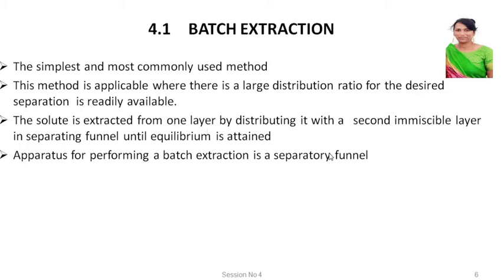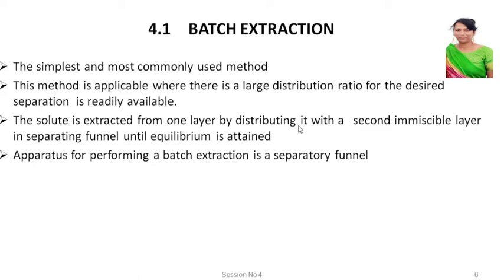The solute is extracted from one layer by distributing it with a second immiscible layer in a separating funnel until equilibrium is attained. So this is a distribution method wherein there is large value of distribution ratio.